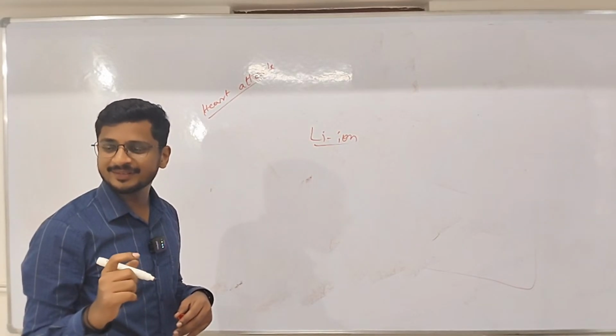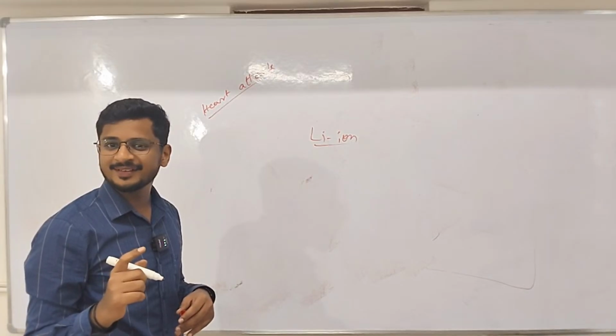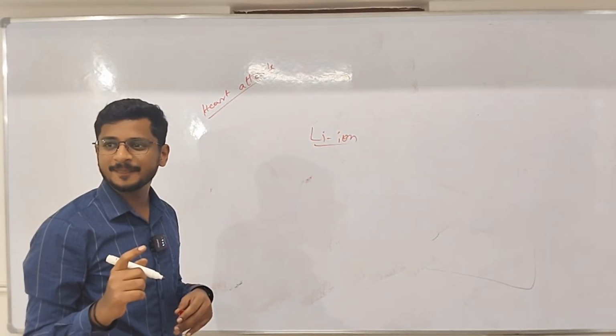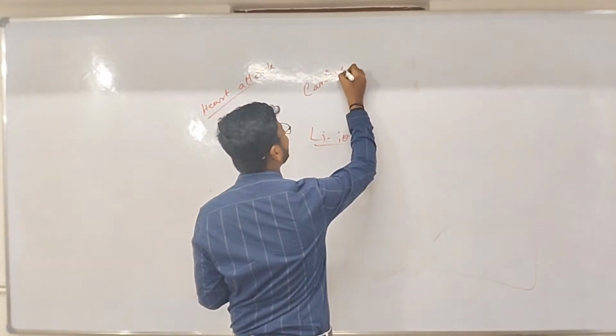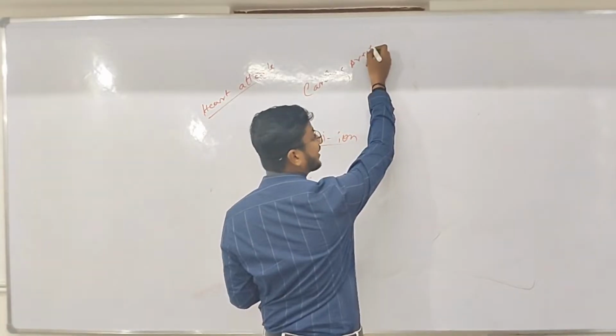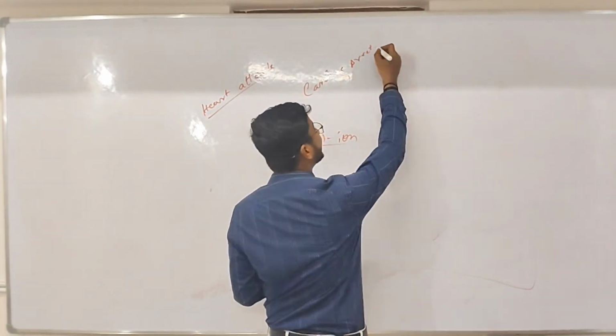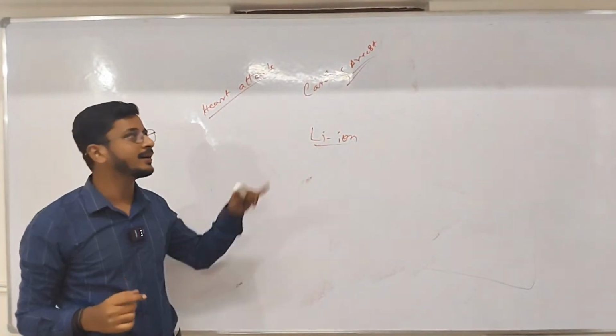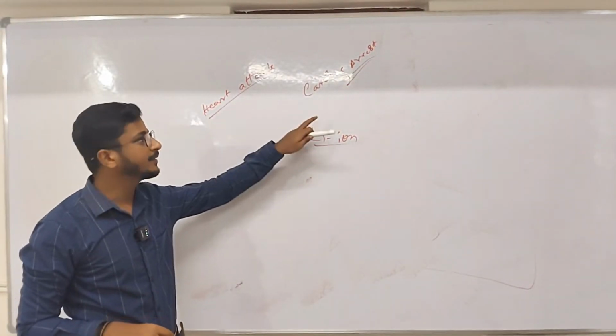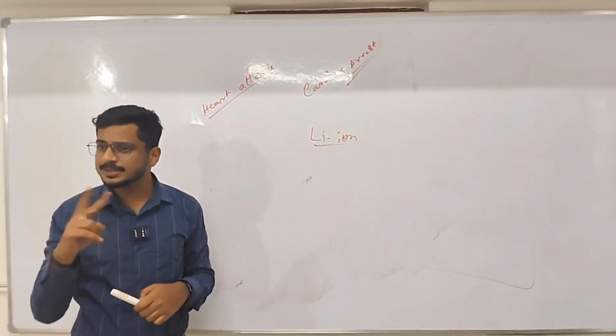Second is one more. Cardiac arrest. Very good. Cardiac arrest. I was coming into that concept actually. Okay, got my point. So we have heart attack. We have cardiac arrest. What are these two?